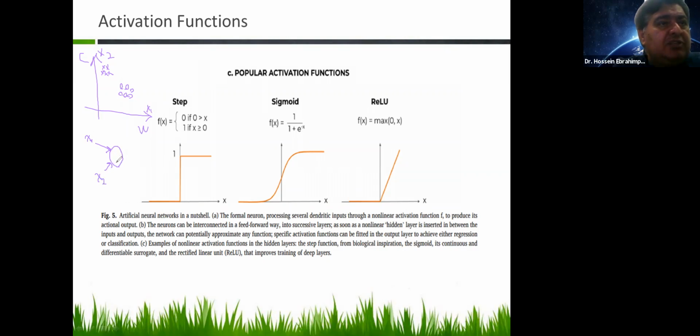What will happen is that X1 will be multiplied by its own weight, which is W1, and X2 by its own weight, which is W2, and they will be summed here to make the net, which is X1 W1 plus X2 W2.